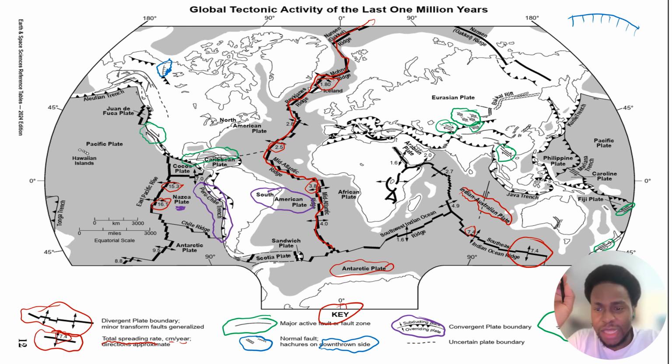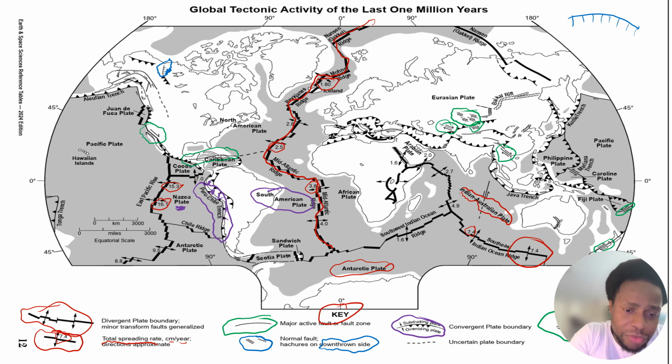So don't forget that. Wherever you see the triangles pointing towards, that tells you the plate that is overriding. And as you know, the overriding plate is where the mountains are going to pop up. So in this Chile-Peru trench, the mountains will be on this side of the South American plate.